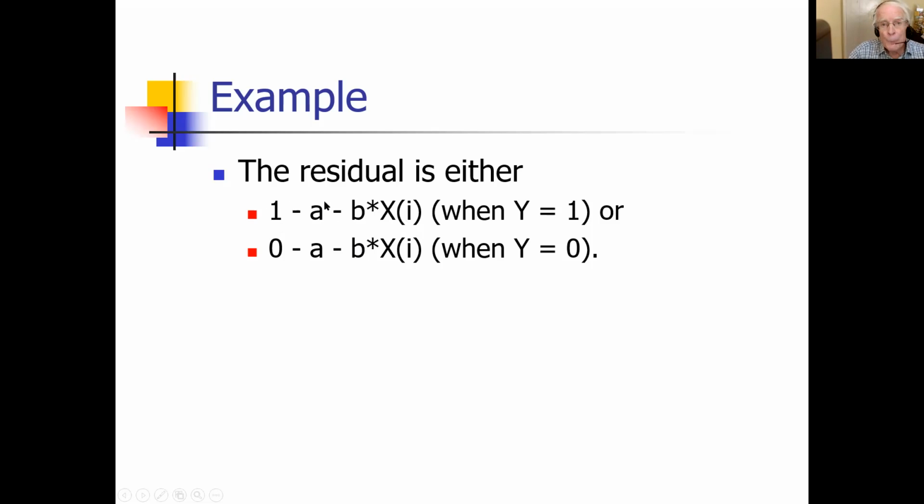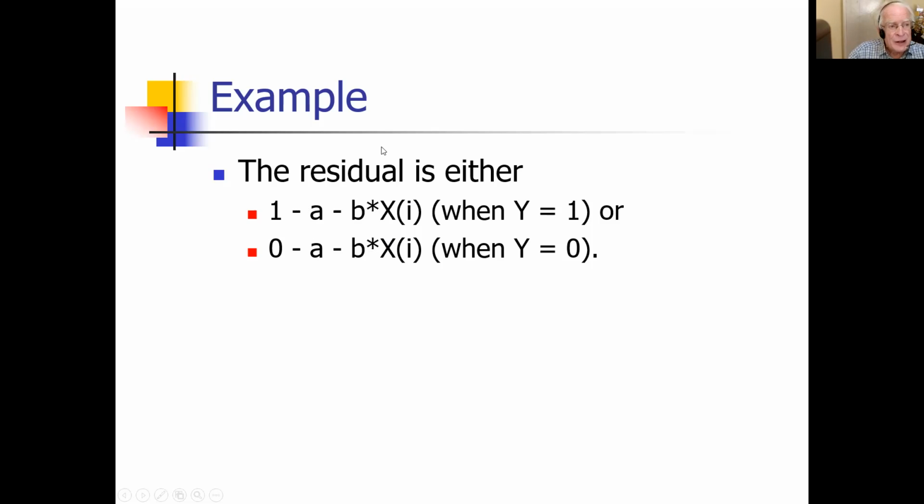The only possible error in the alternative is that the respondent did not smoke, but the predicted probability of smoking again is A plus B times the number of years of education for that particular respondent.